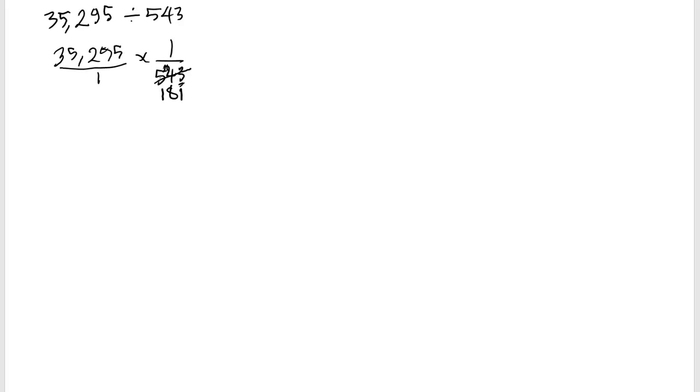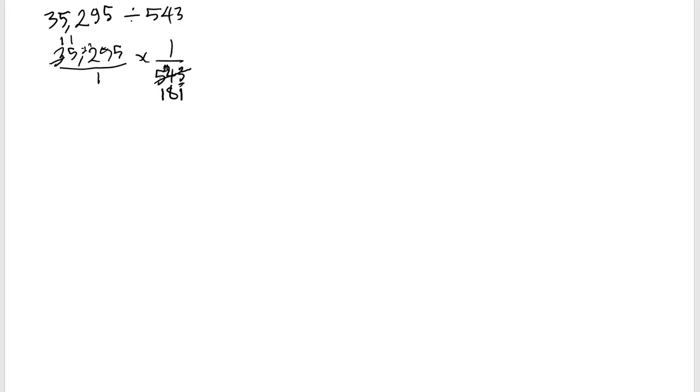So we go to this: 3 in 3 is 1, 3 in 5 is 1, remainder 2. When you add this 2 to this other 2, it becomes 20 plus 2, which is 22.